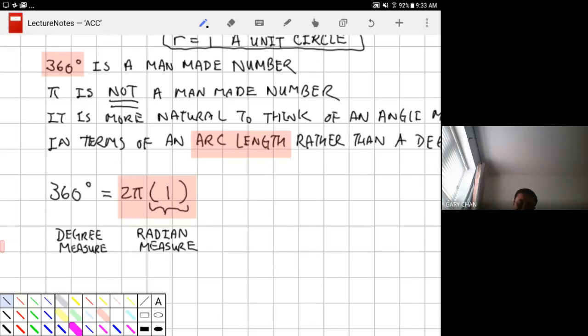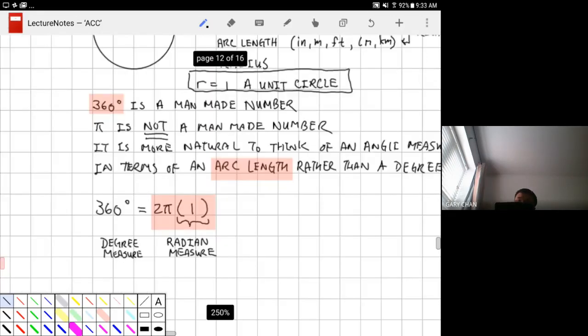Just to reiterate, right now we have two ways of measuring an angle. One is man-made, and that's with degrees, and another is more natural, the arc measure. Instead of calling it the arc measure, it is widely accepted to call it a radian measure.